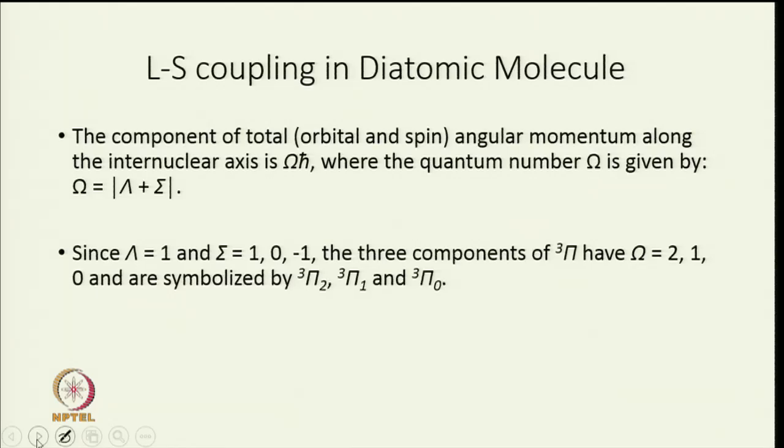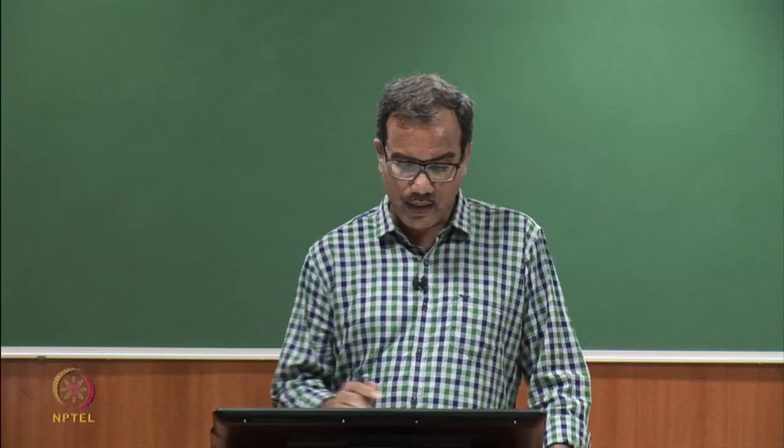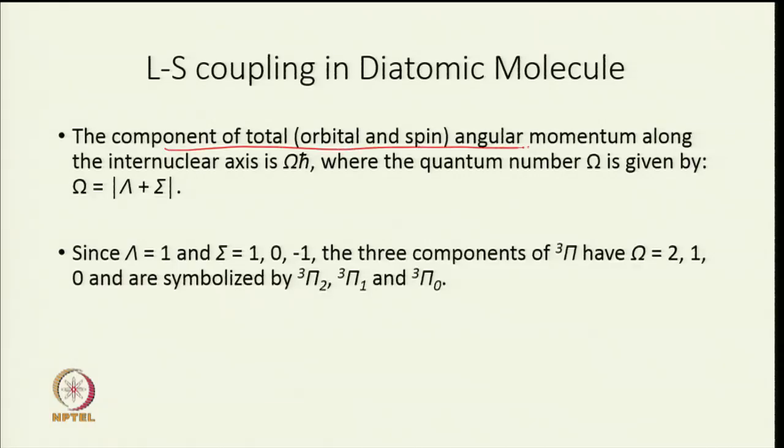Now, let us talk about LS coupling in diatomic molecules. This I have discussed in the previous lecture. What I told you is that the component of total angular momentum along the internuclear axis is omega times h cross, where the quantum number omega is given by the vector sum of lambda plus sigma.